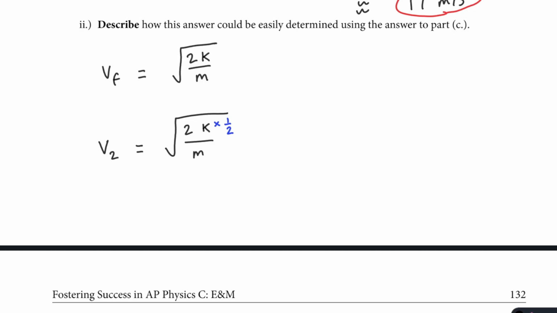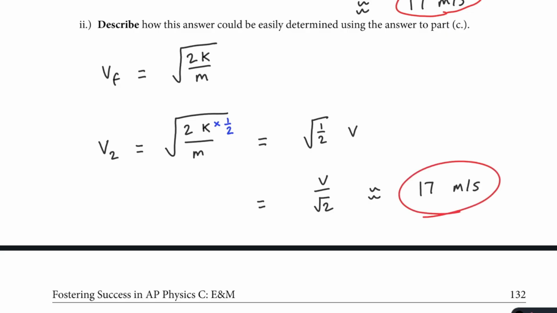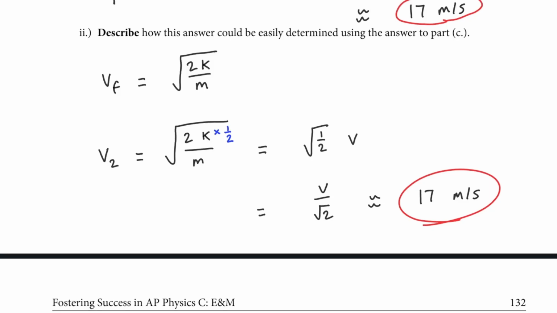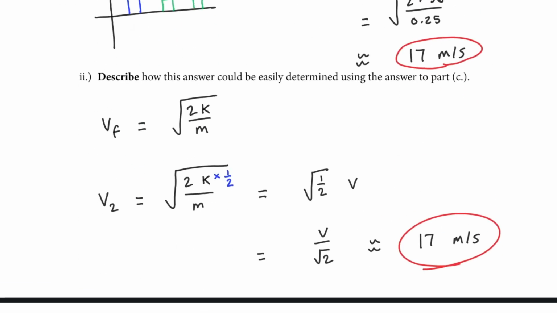So I'm halving the quantity under the square root. This means the square root of 1/2 times my original v is going to be the answer. So it's square root 2 on the denominator, which is about 1.4. So this is why we get our 17 meters per second, because 24 divided by 1.42 or whatever is roughly 17. So this is why it works out. You actually could have used a ratio approach. I'm sure some of you did.